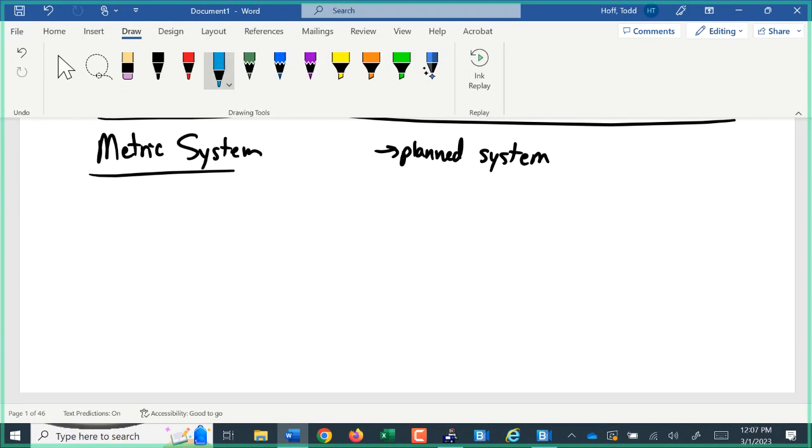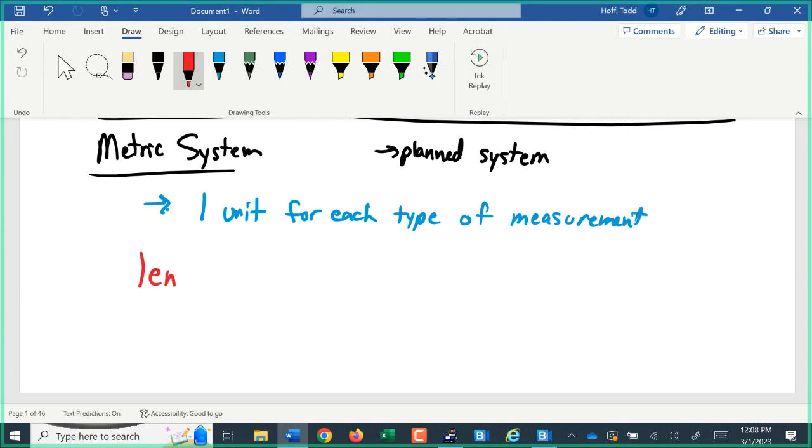So in the metric system, what they shot for was only one unit for each type of measurement. So for length, that unit was a meter. Abbreviated, just a small m.